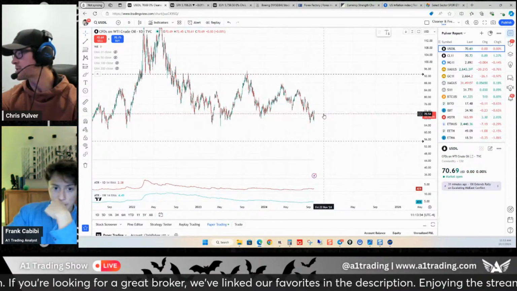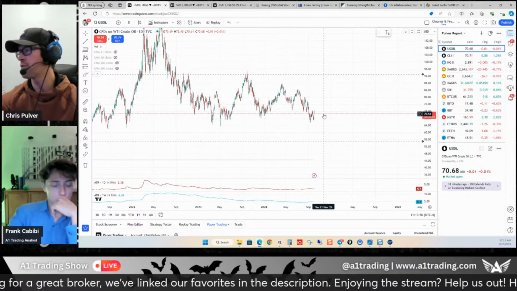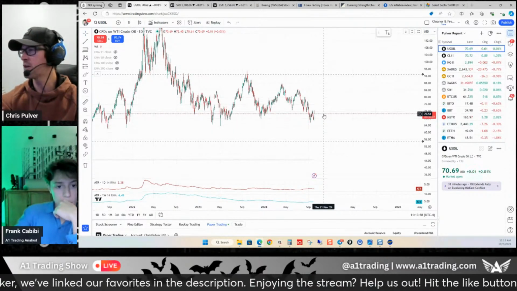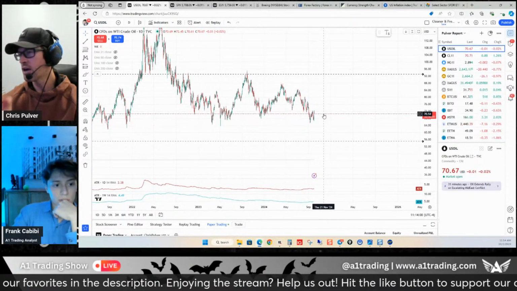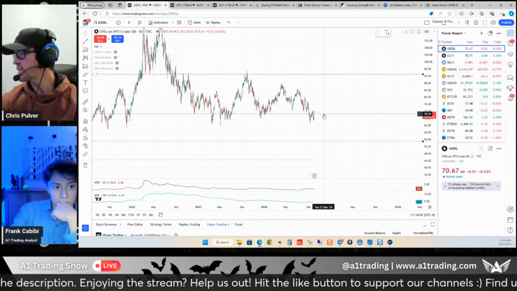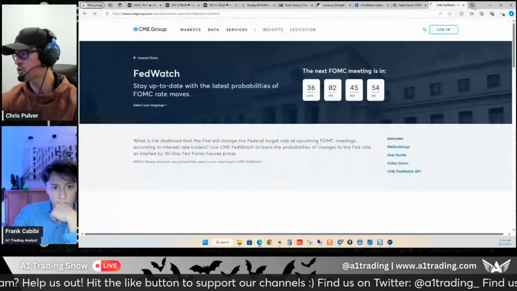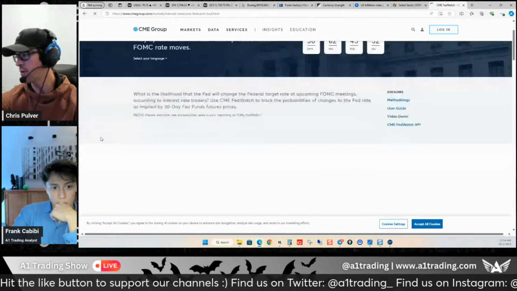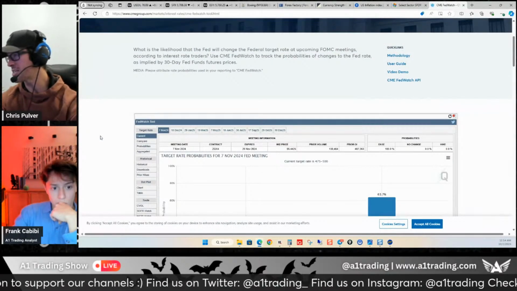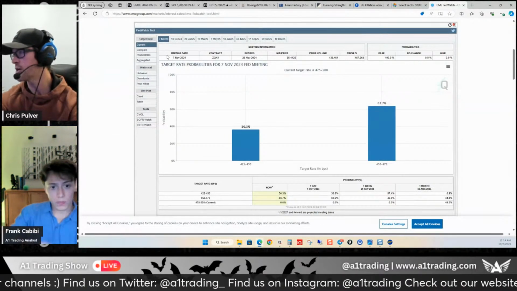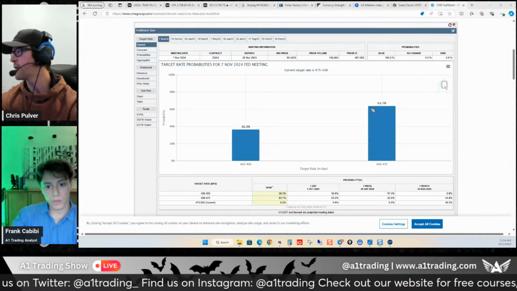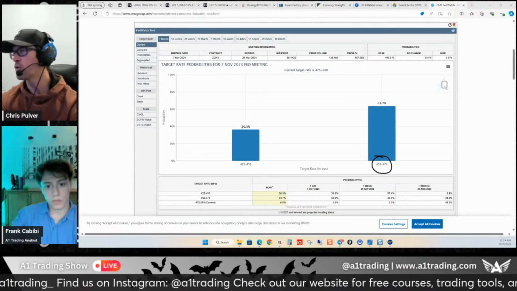Obviously it's going to be month by month and data points, but I don't think the Fed is really going to change anything this year. They will likely cut. I don't think the Fed Watch tool is showing anything different. It's probably still going to be another 25 cut by November, December. I know the probability for December is actually a 50 basis points cut, and right now, for November, we're looking at 25 basis points.